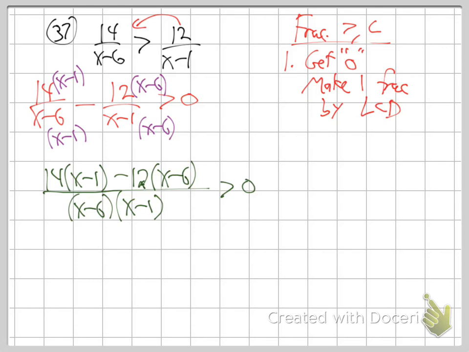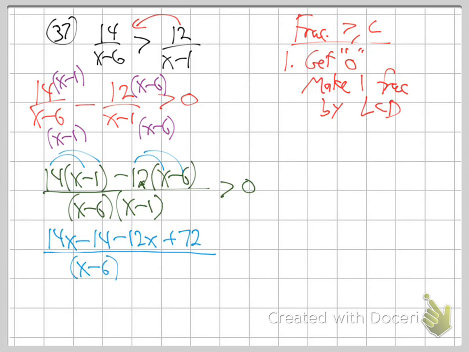Good there? You okay with all the common denominator stuff? And then distribute. 14x minus 14, boom, boom. Minus 12x plus 72 over x minus 6 times x minus 1 greater than 0.